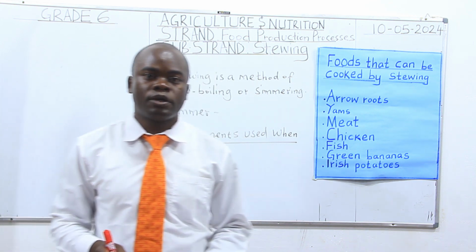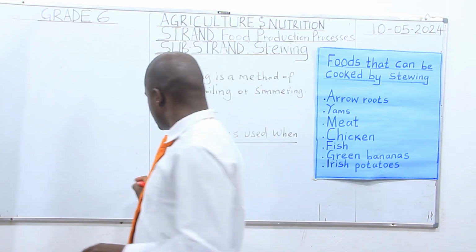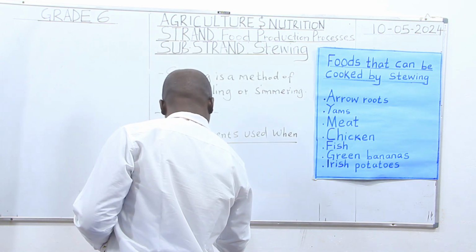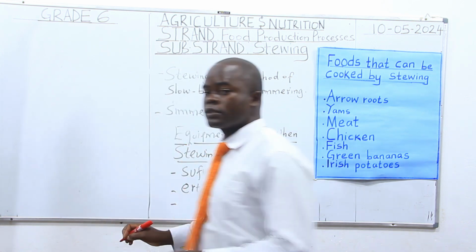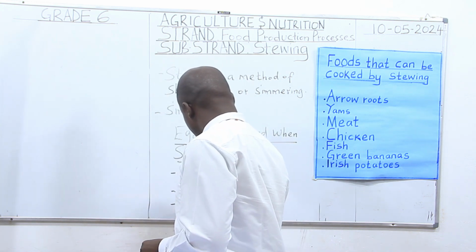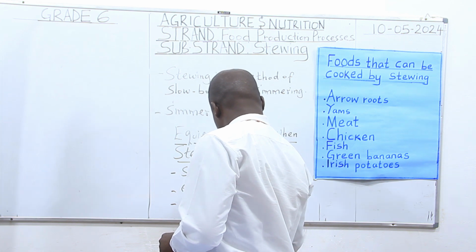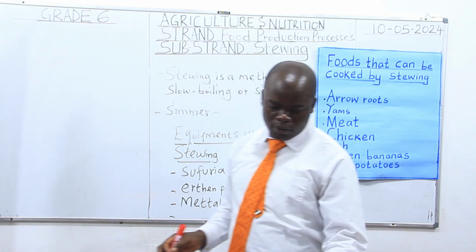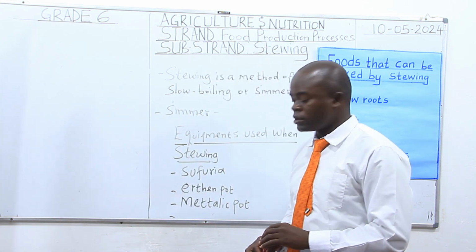Apart from sufuria, you may also use an earthen pot, a metallic pot, and also a saucepan.